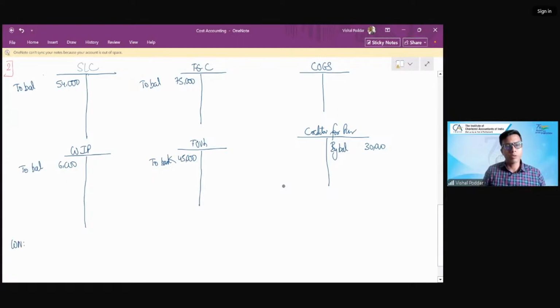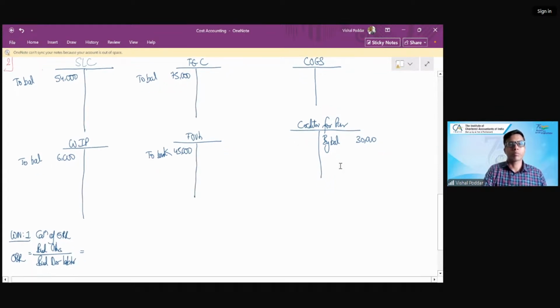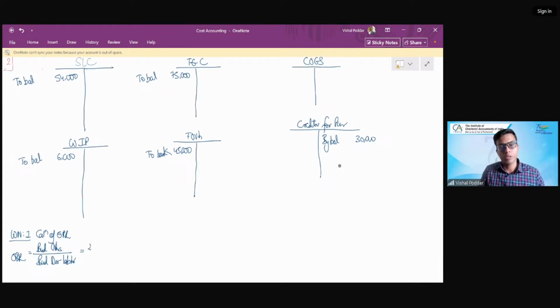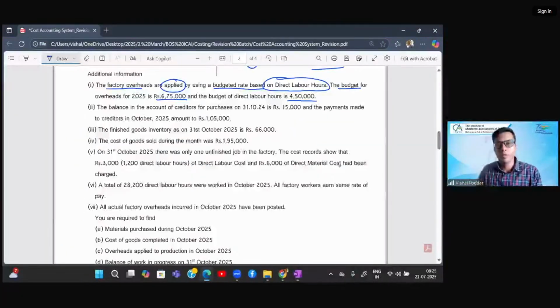So working notes, calculation of ORR. Budgeted overheads upon budgeted direct labor hours. So it is 675 and 450.